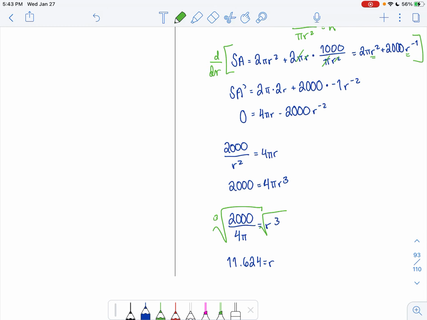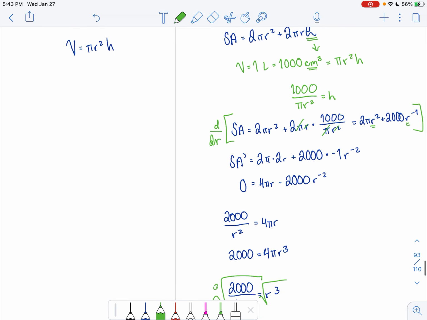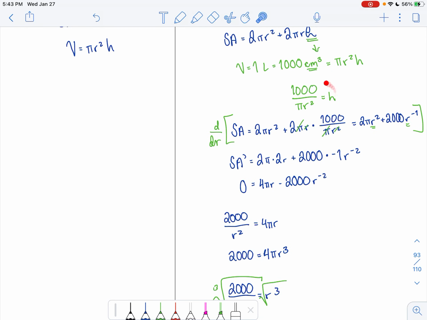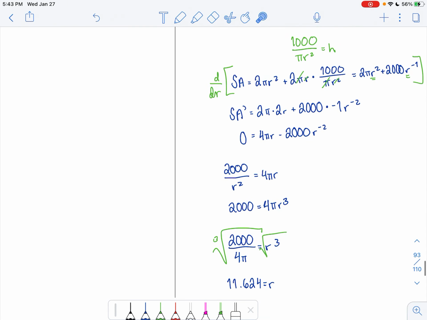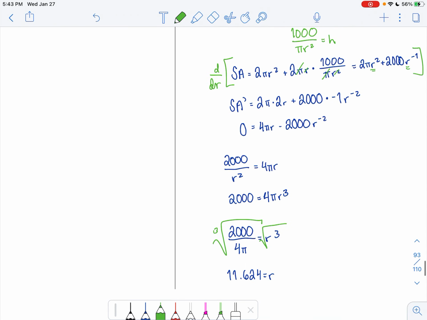And it asks for both of the dimensions. So what that means is that you're also going to want to include the height. Now remember from our function here that height is equal to 1,000 over pi r squared.